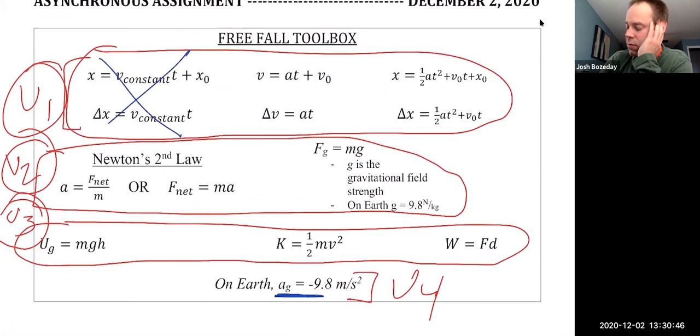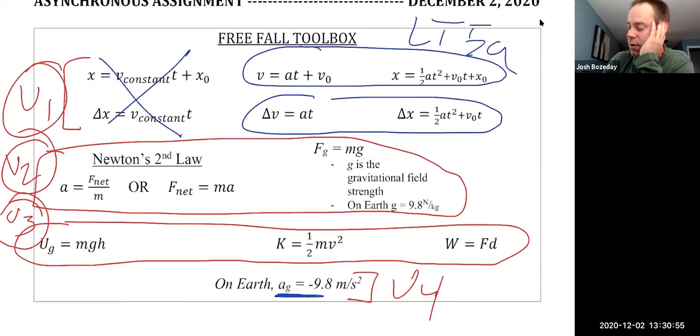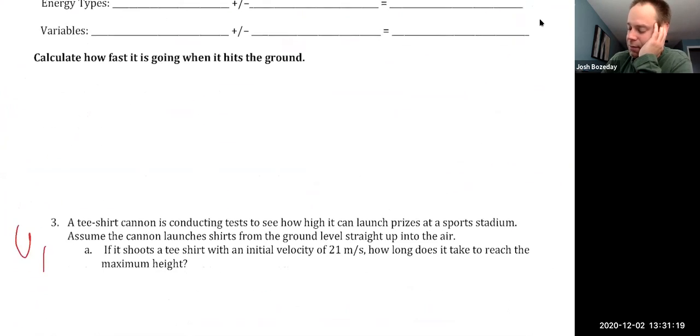Then the other thing I told you is that these 2 equations we use for LT5A word problems, and these 2 equations are the same, but in a different format, and that format is for LT5B, proportional reasoning, okay? So right away, I know that for that problem, I'm using one of those 2 equations because it's unit 1 and it's LT5A. So now let's see which one we're using.